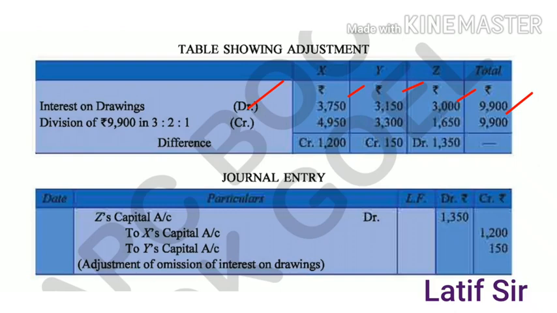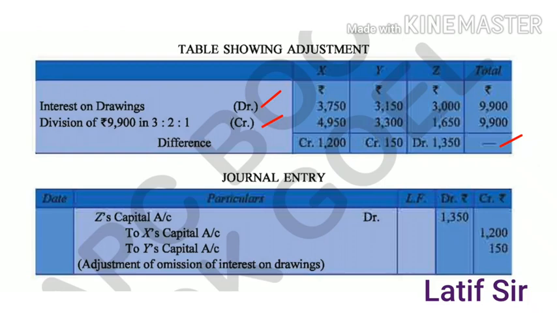Now the same amount has to be credited. Remember, whatever mistake you correct, in the total amount you will find the correction is only interest on drawings. You have debited, because it is posted on the debit side of partners capital account. So total debit is 9,900. The same amount will be adjusted as profit, because in the total column you have to nullify the amount.